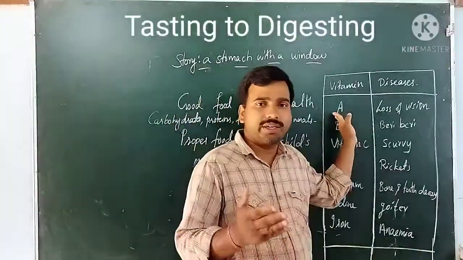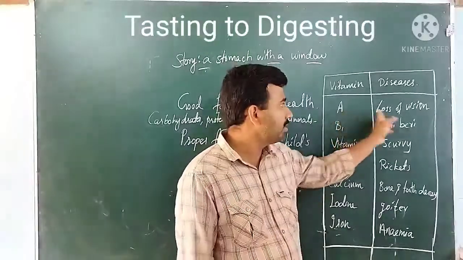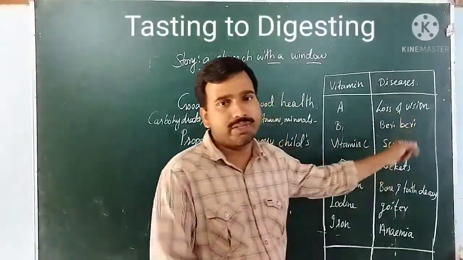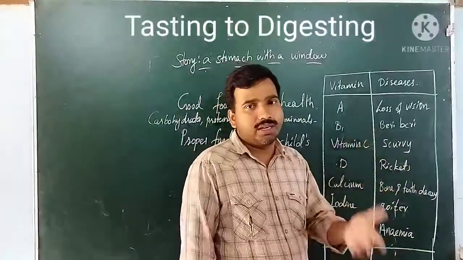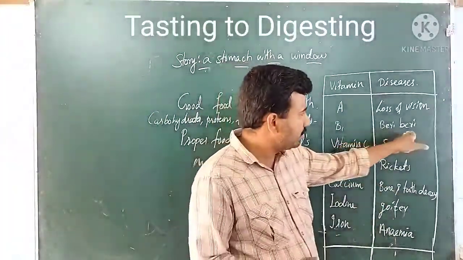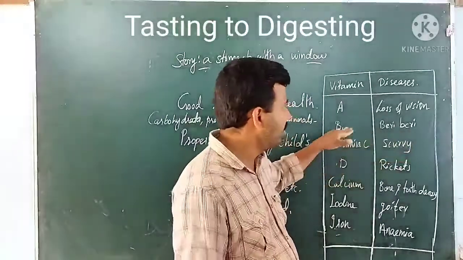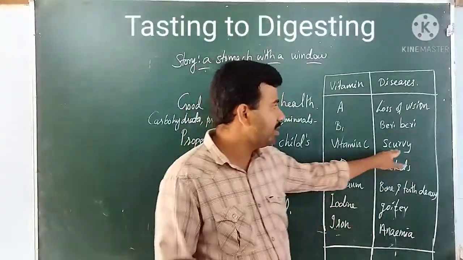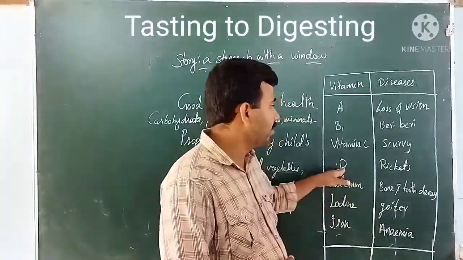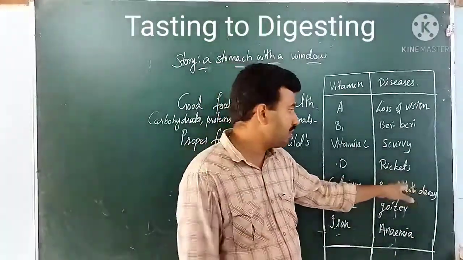Vitamin A deficiency will lead to loss of vision, night blindness, etc. Then vitamin B1 deficiency leads to a disease called beriberi, and vitamin C deficiency leads to scurvy. Vitamin D deficiency leads to another disease called rickets.